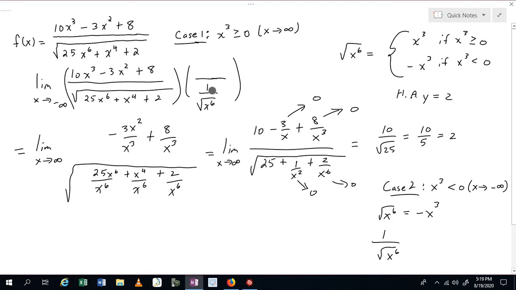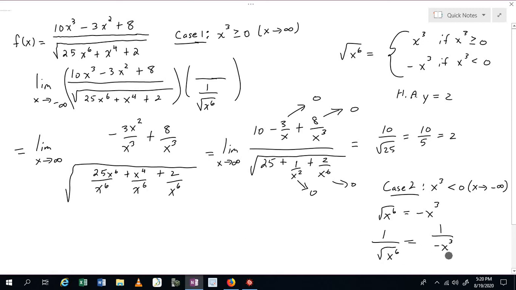What is that? 1 over the square root of x to the sixth is 1 over, well, what's the square root of x to the sixth? It's negative x cubed in this particular case, right?